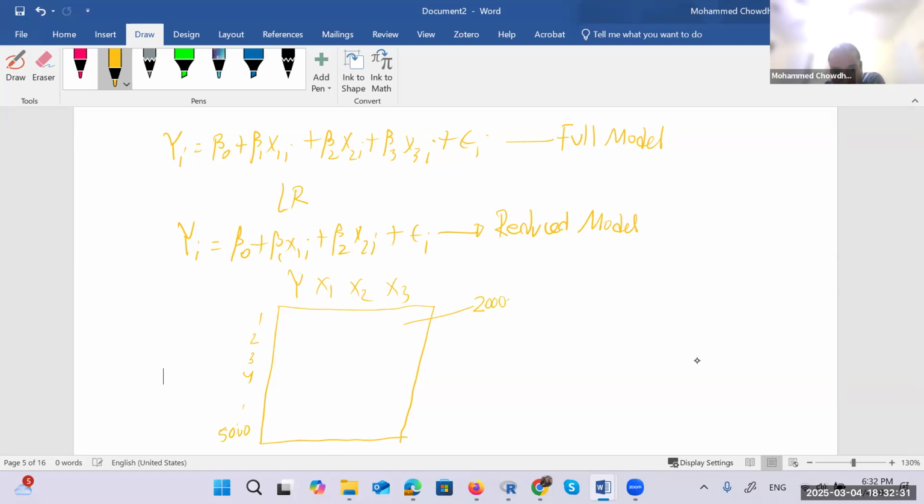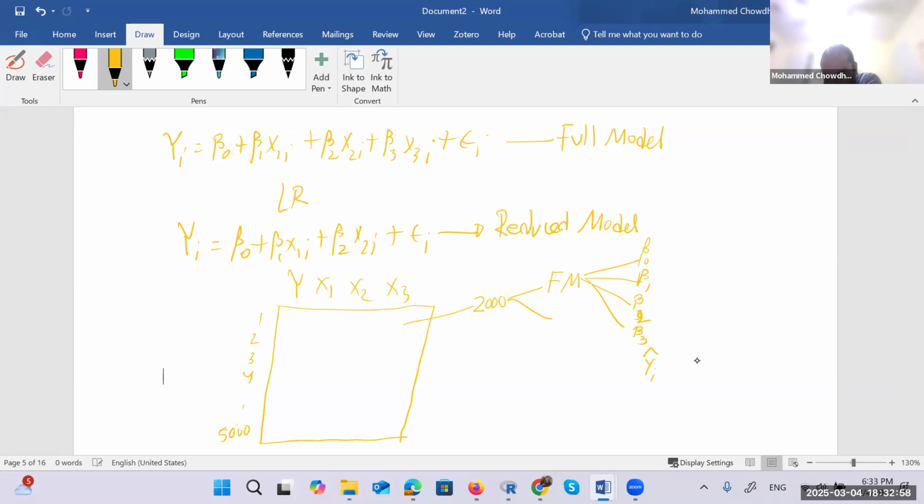With this 2,000, I will fit the full model. From the full model, I have estimated the betas: beta 0, beta 1, beta 2, beta 3. All of these things I have estimated.